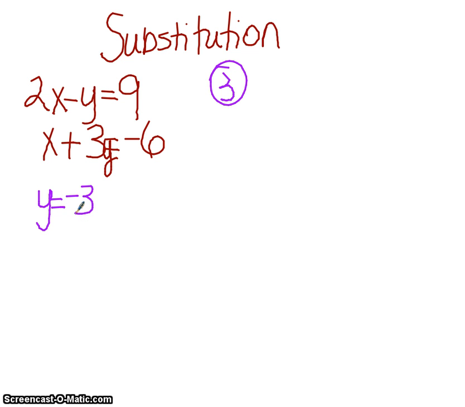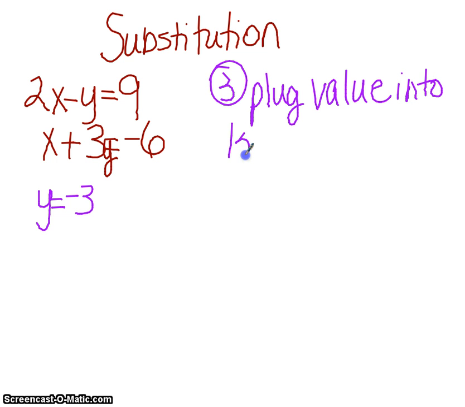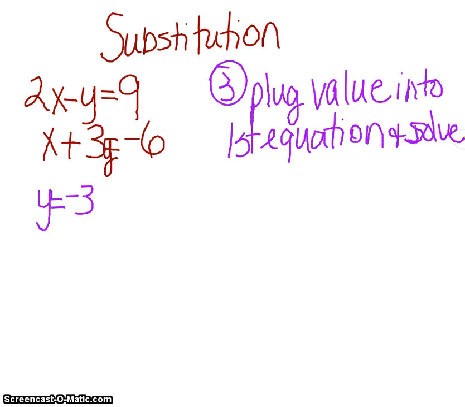Step 3 is to plug that value, the value we just got, which in our case is negative 3, into the first equation that we used, which was x plus 3y, and solve. So we're going to take x plus 3y equals 6.